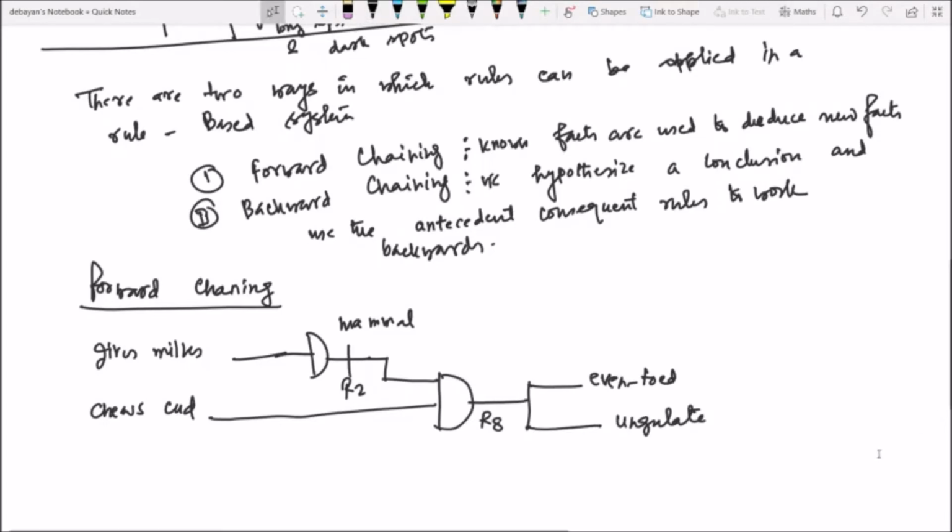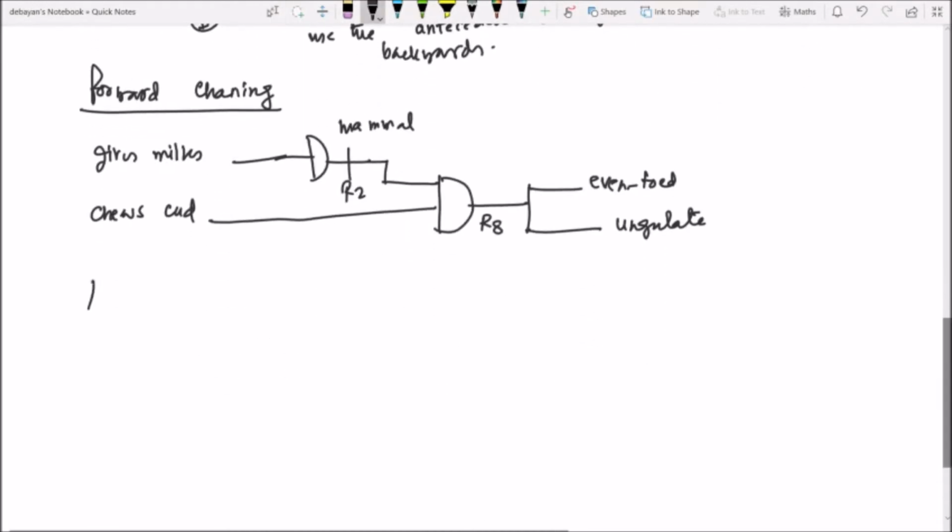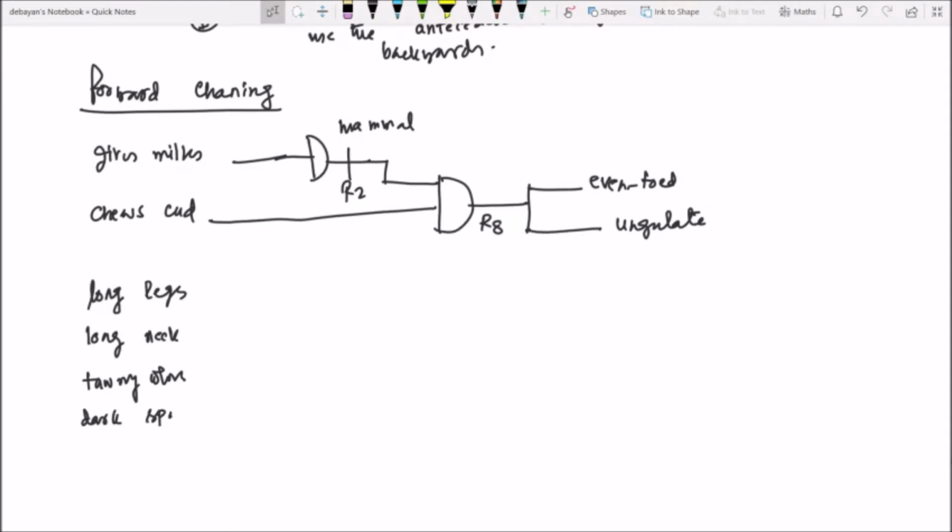Now again the robot sees that the animal has long legs and a long neck, and it has a tawny color and dark spots that the robot identifies, and then he fires the rule.